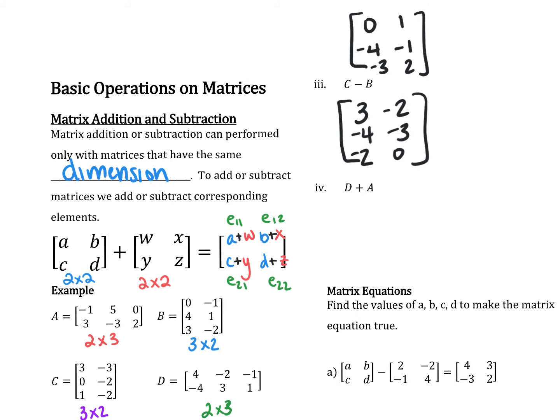But again, if you want to do it the other way, you can too. And that one you would do 3 minus 0 is 3. -2 minus a -1, so that's -2 plus 1, right? I didn't do that right, did I? Oh, that's -3.